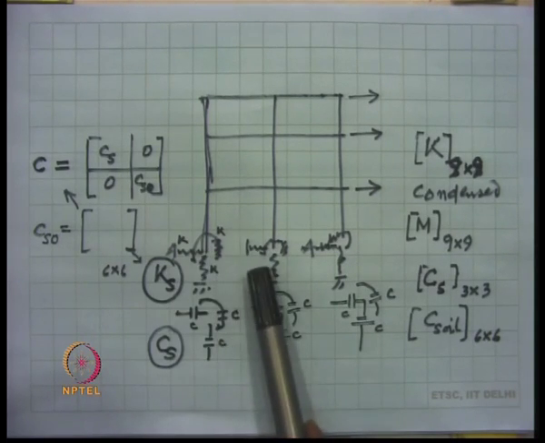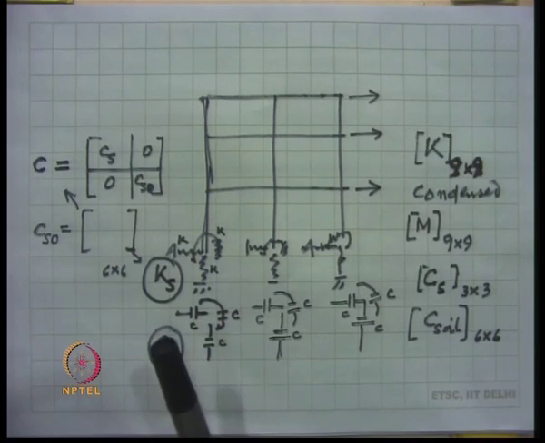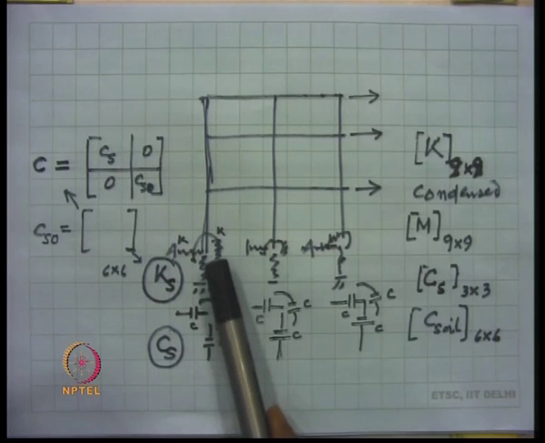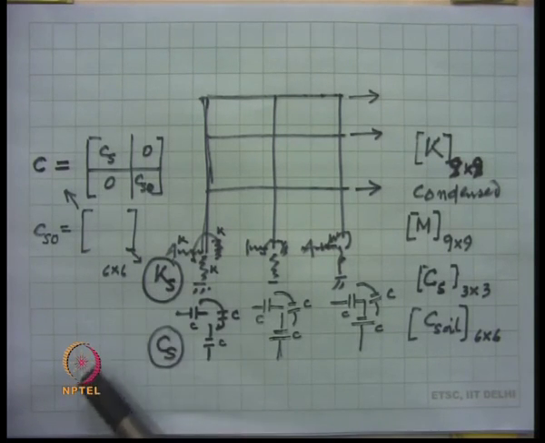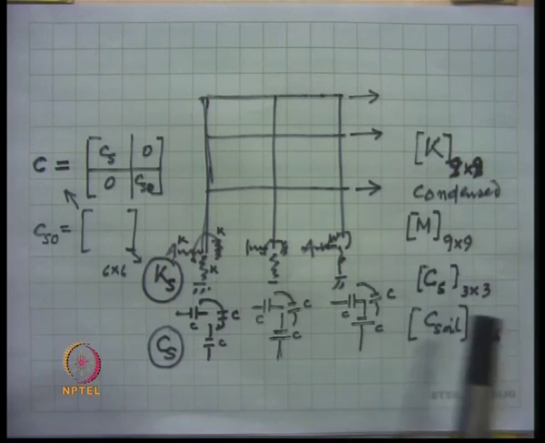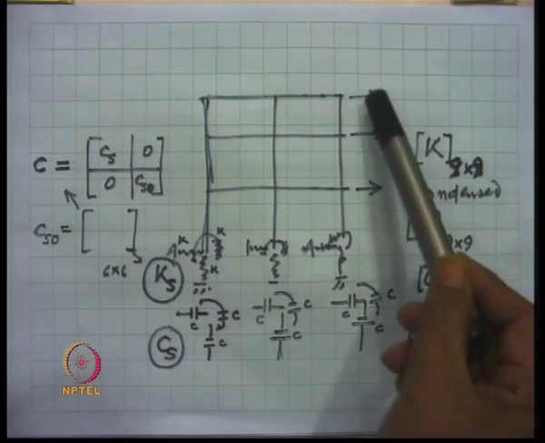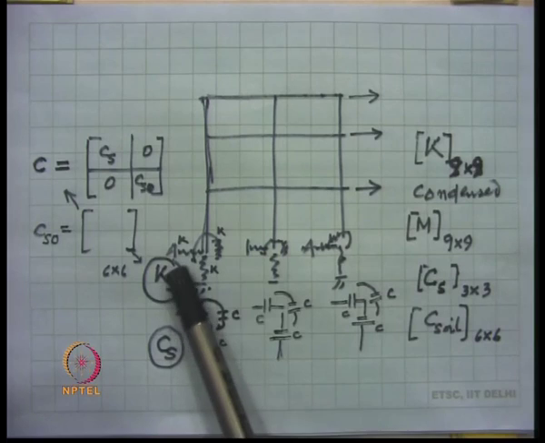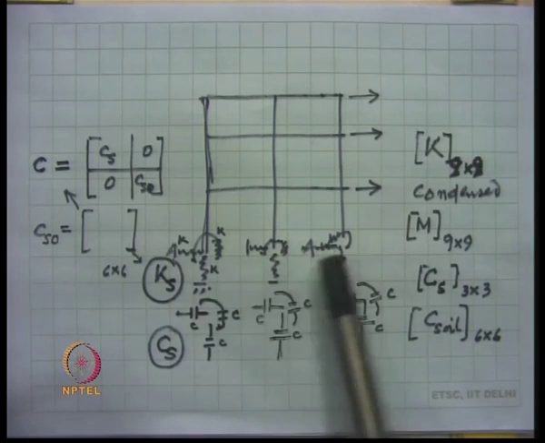Also, rotational springs can be introduced in order to take care of the rotation that can take place because of the flexibility of the foundation. So, in that case, the K matrix for the structure would be these 3 translations plus these 3 translations of the base plus these 3 rotations.